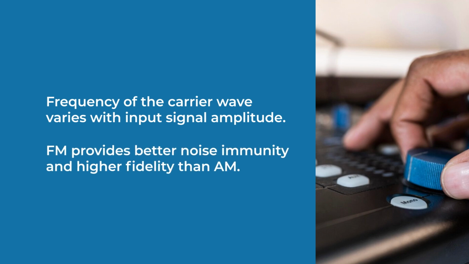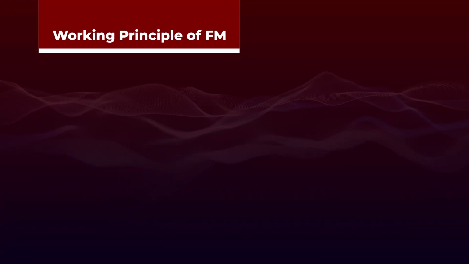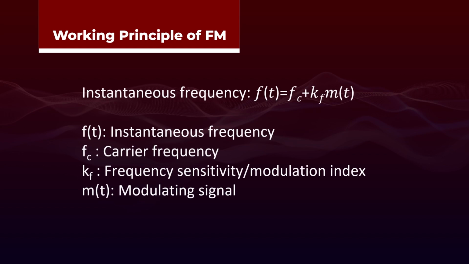When the amplitude of the input signal increases, the frequency of the carrier wave increases, and when the amplitude decreases, the frequency decreases. This method of modulation is particularly useful because it provides better noise immunity and high fidelity compared to amplitude modulation, AM.